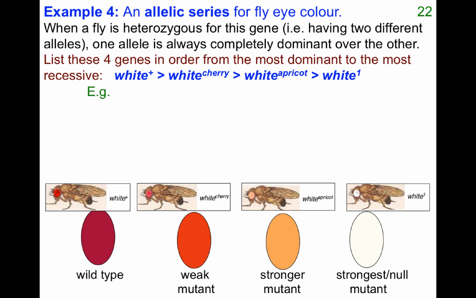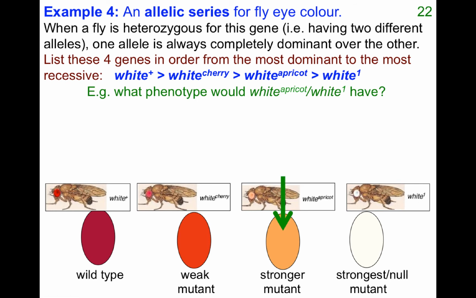Well, it makes sense because the data basically proves that, and we'll talk about why the data looks the way it does afterwards. If we're looking at an individual that has one copy of the apricot allele and one copy of the null allele, we would expect the offspring to look like this, because the null allele makes no pigment at all, and the apricot one makes this kind of weak, yellowish color.